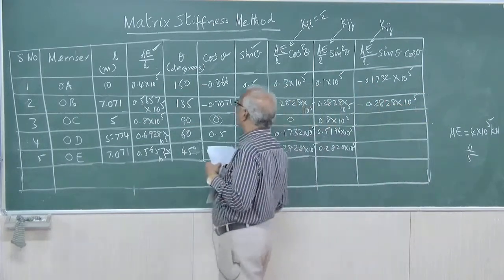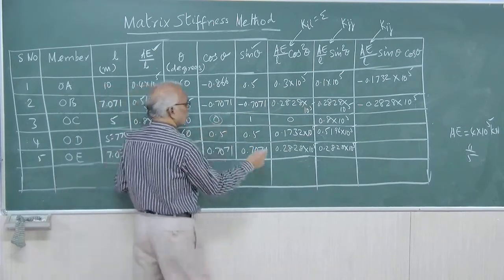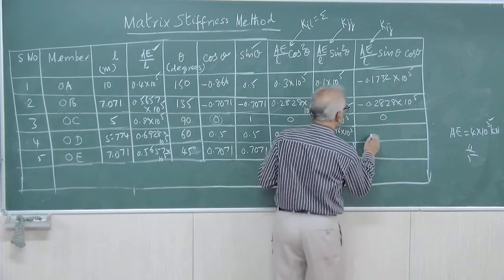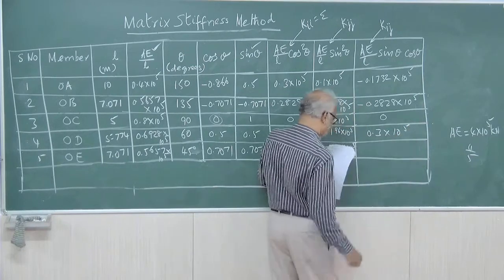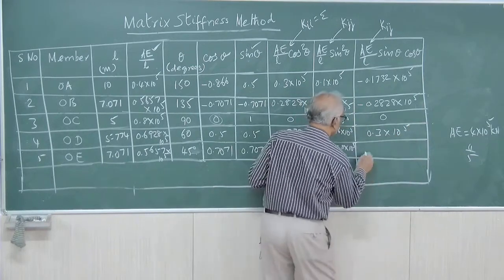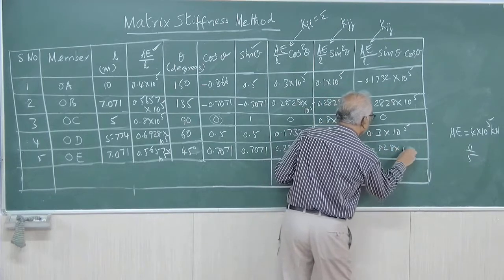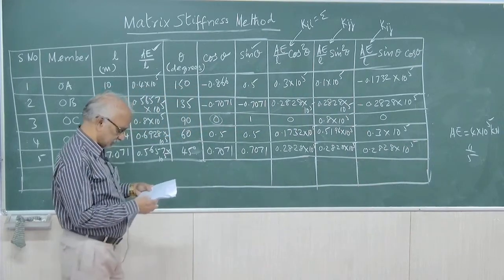Cos theta sin theta means for the third one cos theta is 0, therefore this value will become 0. 0.3 into 10 power 5. Once the basic values are written, the calculation will be easier. So that's about the calculations, right.